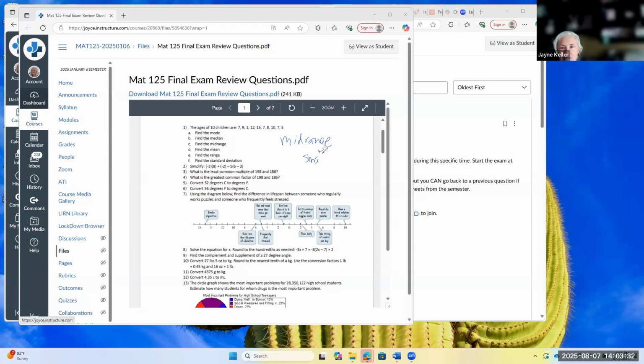We don't subtract, we add: smallest plus largest, divided by 2. The smallest was 1, the largest was 15. We divide by 2. 16 over 2 is 8. And there you have it. So for the range, we're subtracting. For the mid-range, we're adding.